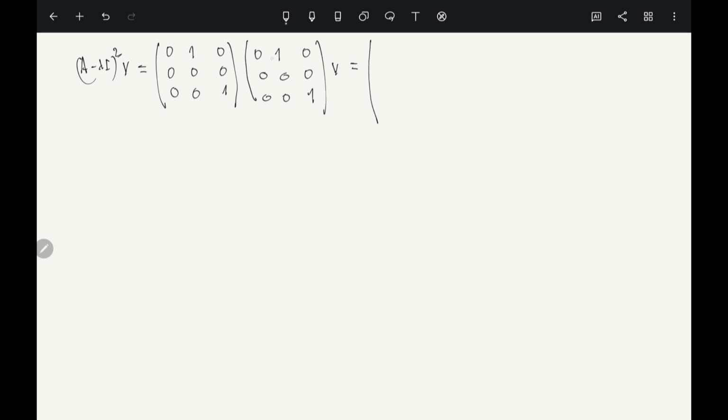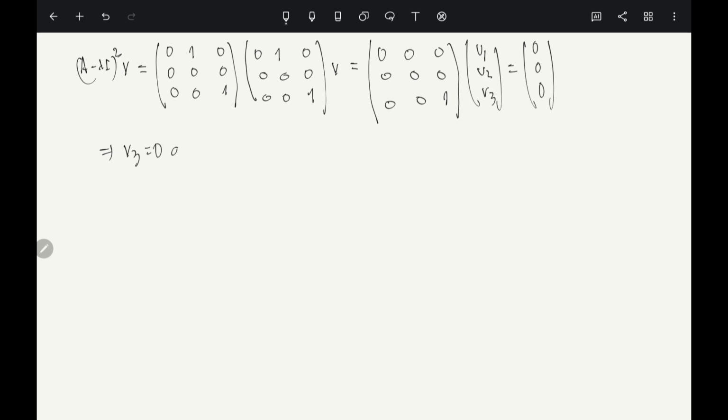The first column is 0, 0, 0. The next column is again 0, 0, 0. The third column is 0, 0, and 1 times 1 is 1. Times v1, v2, v3 is nothing but 0, 0, 0.